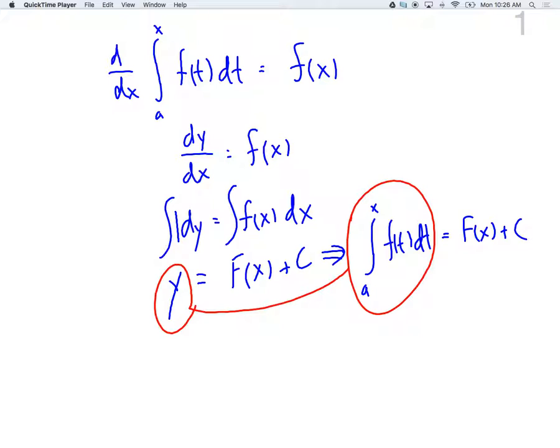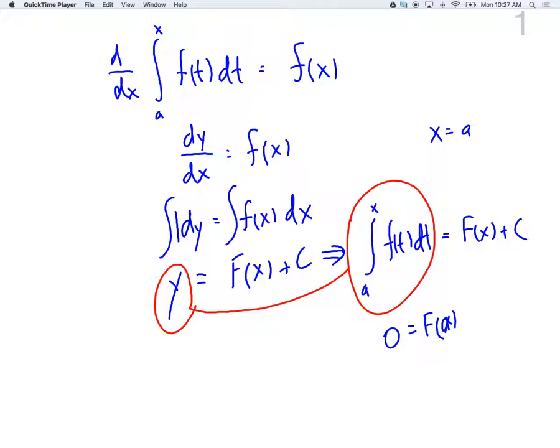Okay so far? Now what we're going to do is make x equal to a. Now why would I make x equal to a? Well, you'll see in a second. If I make x equal to a, then what does the left-hand side of this equation become? 0. Nope, sorry, I lied.